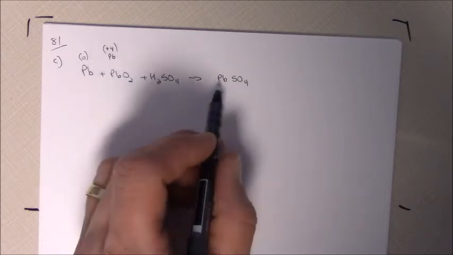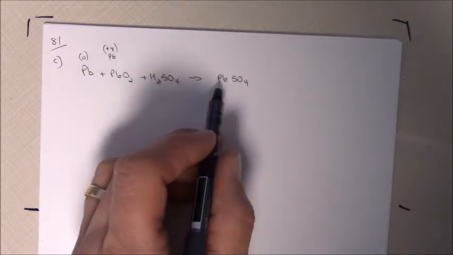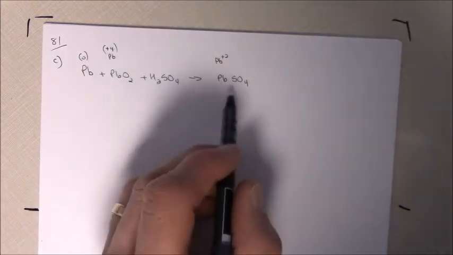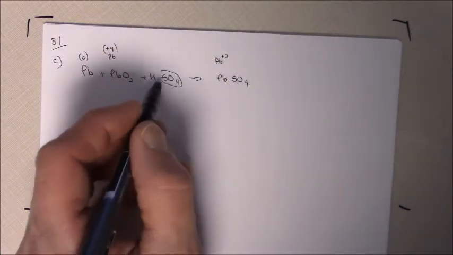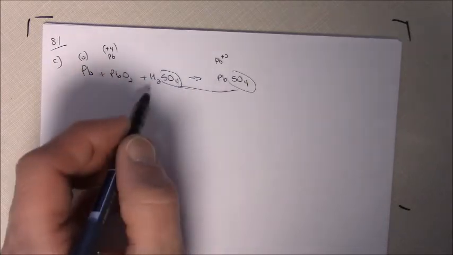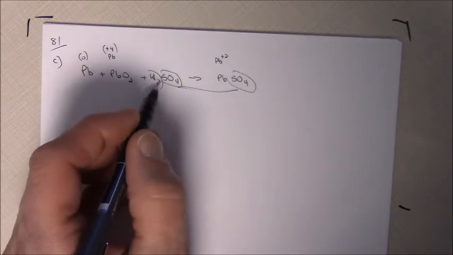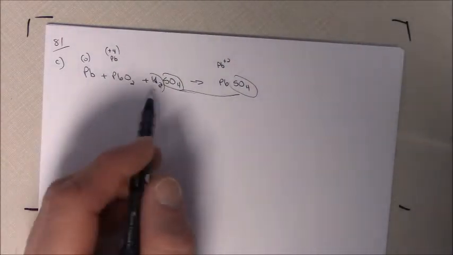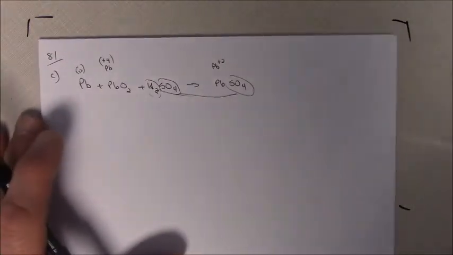And interesting, all of the lead ends up at lead +2. You can see how the sulfate and sulfate just sits there. It's a spectator. H2 doesn't seem to be getting oxidized or reduced at all. It'll show up in the balancing process for H pluses, right? So this is one of these tricky things. I remember when I was learning this, I'm thinking, what the heck is going on here?